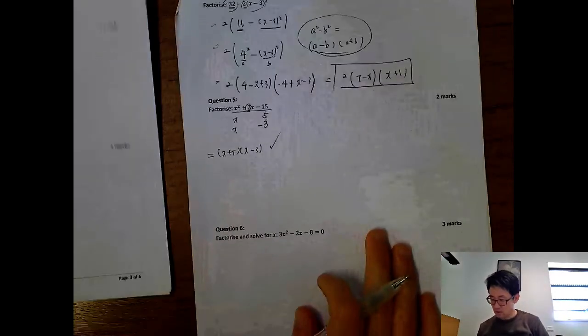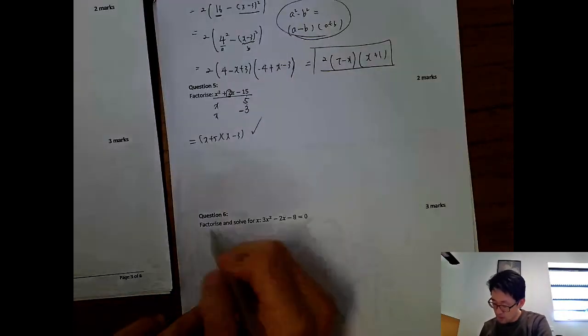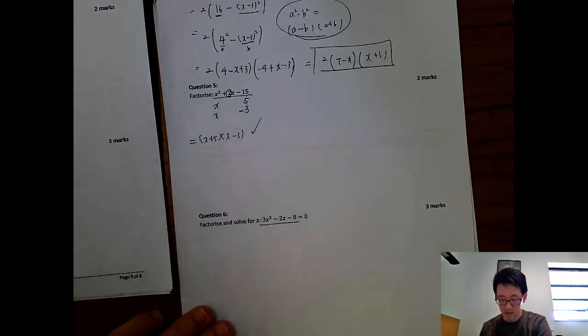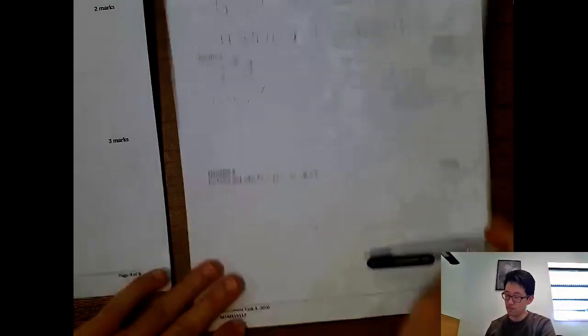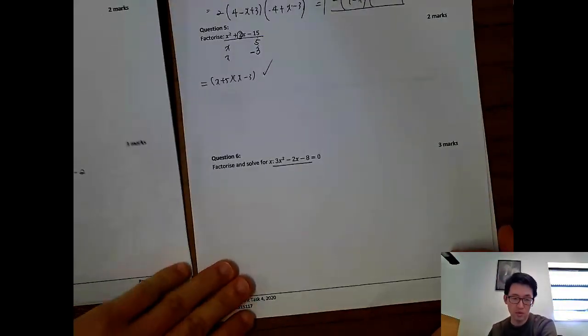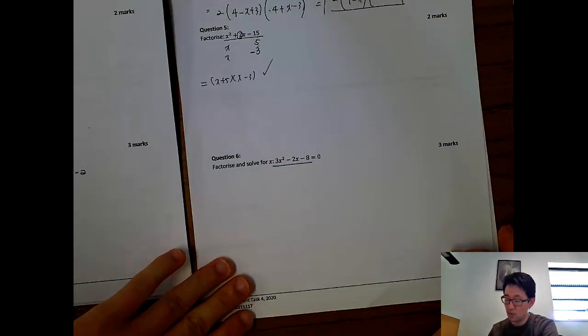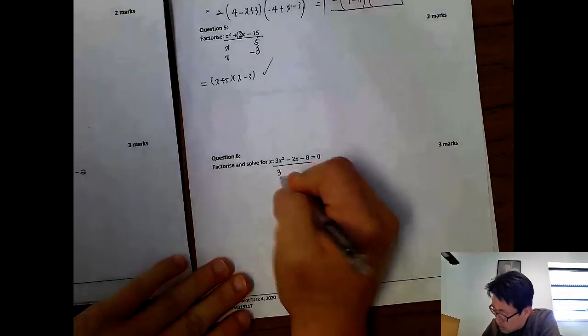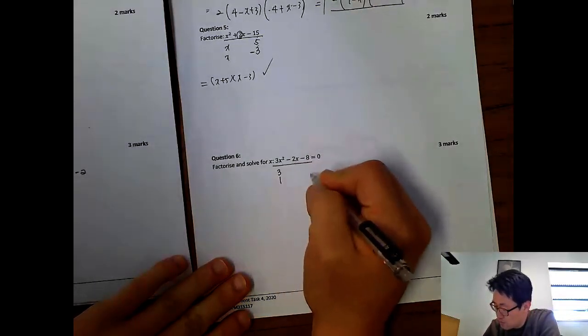Good. Exam question 6. Factorize and solve these. I think I can factorize this one. Otherwise, you can use the quadratic formula, okay? 3 times 1 is 3, not many options.